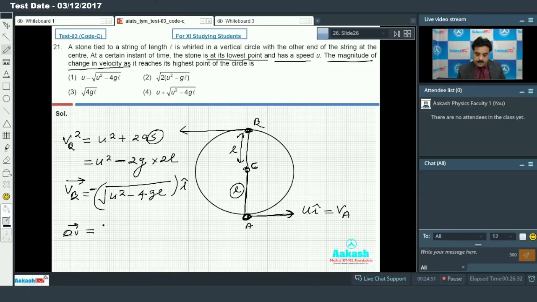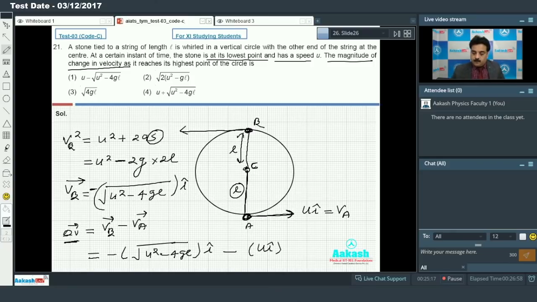So we'll write final velocity, that is at B, minus initial velocity at A. So first I am going to place the values, minus root u square minus 4gL i cap minus u i cap. So this is the change in velocity.